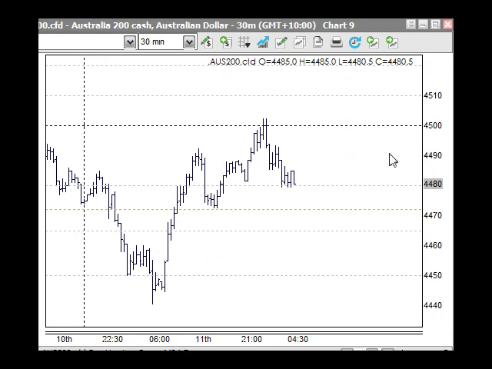So if we drill down in here a little bit, we could count this as up for 1, back for 2, up for 3, back for 4, and up for 5 here, and looking for some type of A, B, C correction back through here. So what I normally do is that it's good if this price can pierce through the 72 here, and then if it does that, then find support on it, then you go long from that point.